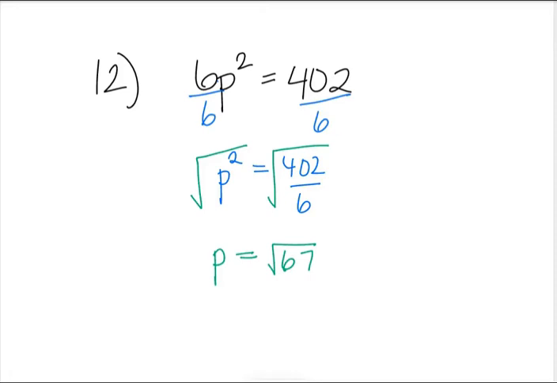So you have two options. If you have access to a calculator, you can calculate the square root. If you don't have access to a calculator, this can absolutely be your answer. Unless you want to do the estimating, but for the most part, you won't have to worry about that.